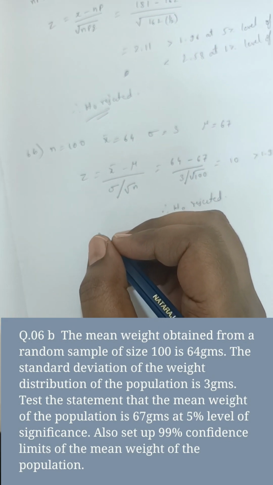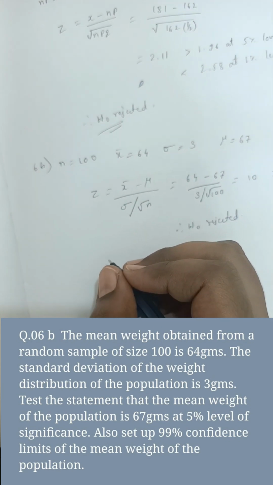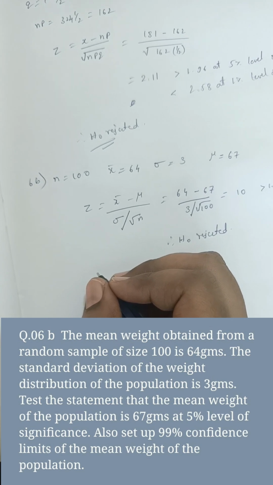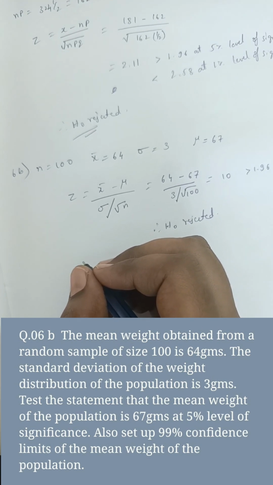Also, set up 99% confidence limits of the mean weight of the population is asked.